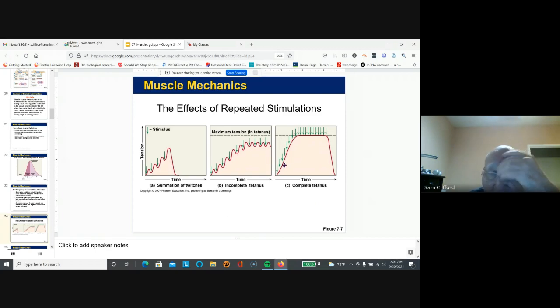So as the stimuli of contraction from the motor nerves just above the motor end plate get close enough to one another, you have complete tetanus, which means all of these individual twitches fuse to form a fine line of contraction phase, and then the muscle stays contracted, and then the muscle relaxes.